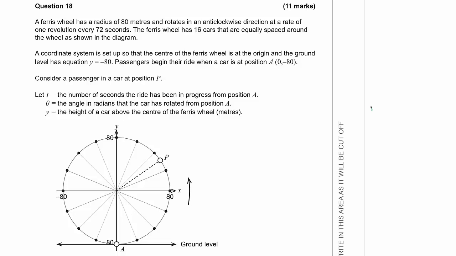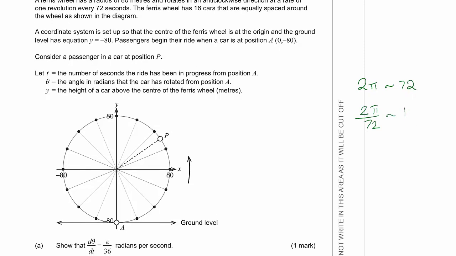So we know that it does 2 pi radians in 72 seconds. So probably shouldn't use an equals there. So if we want to know what happens in 1 second, 2 pi over 72 is going to be equivalent to 1 second.